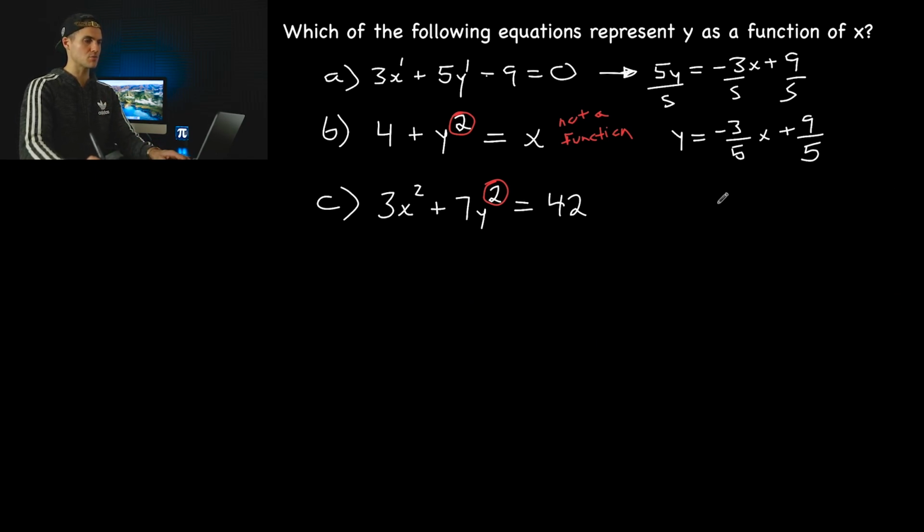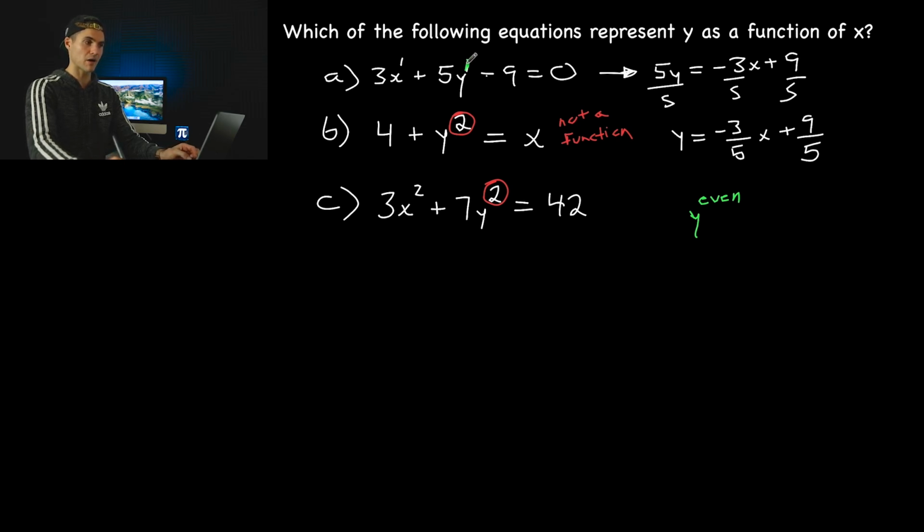And then moving on to part C, again, we have this y squared, as I mentioned, which pretty much tells you it's not going to be a function. Whenever you have y to the power of an even exponent, so whether 2, 4, there's usually going to be multiple y values for a single x value. So it's not necessarily true if it's y to the power of an odd exponent, right?